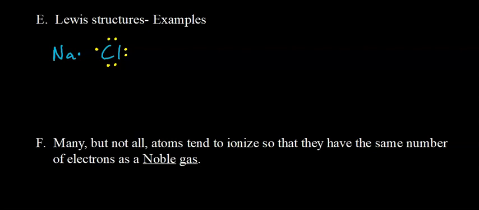The analogy I like to use to demonstrate what happens with chemical bonding is tug of war. Let's say you have a tug of war, and on one side you have a group of 8-year-olds, and on the other side you have a group of 18-year-olds.